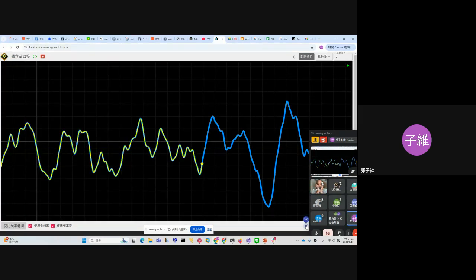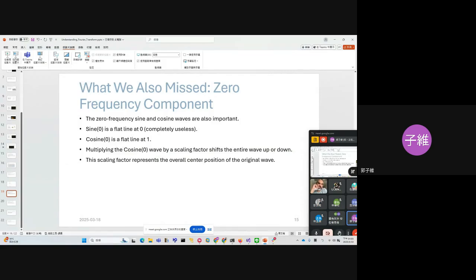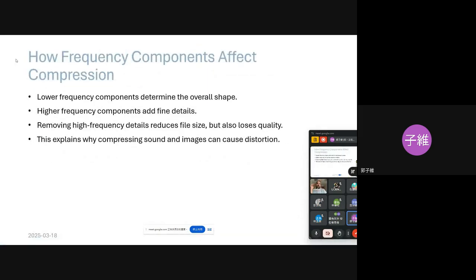And we can test out the resolution. Like if we just used 10 data points, we don't get a close approximation. But if I use more, we can get a much more accurate result. So, how do frequency components affect compression?